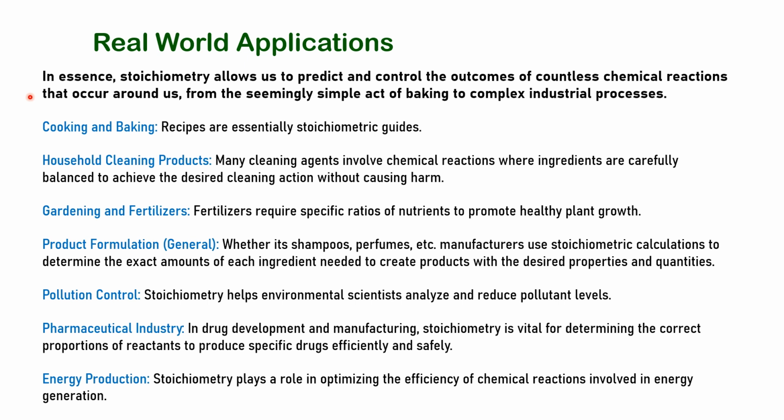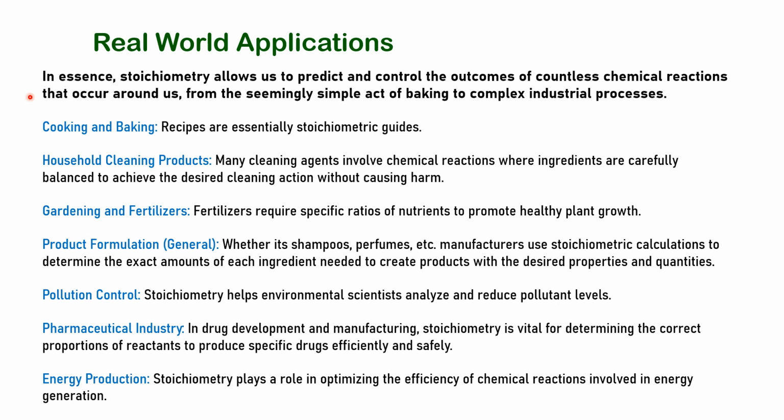Our next example is product formulation. Now, this is a general use, but whether it's shampoos, perfumes, or soaps, manufacturers use stoichiometric calculations to determine the exact amounts of each ingredient needed to create the products with the desired properties and quantities.